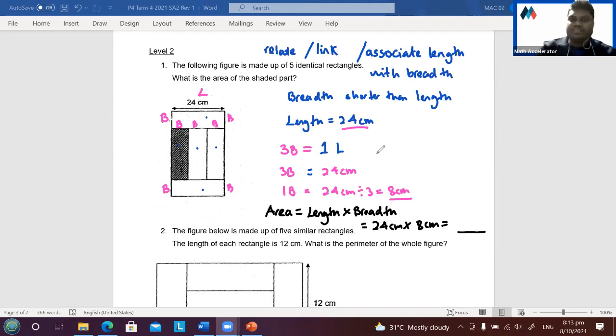Key in the chat, please. Correct. So the answer is 192 cm squared. Well done.